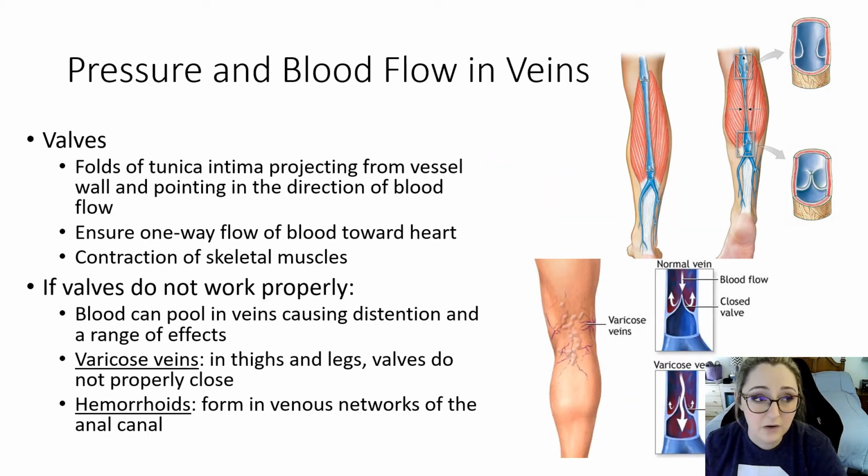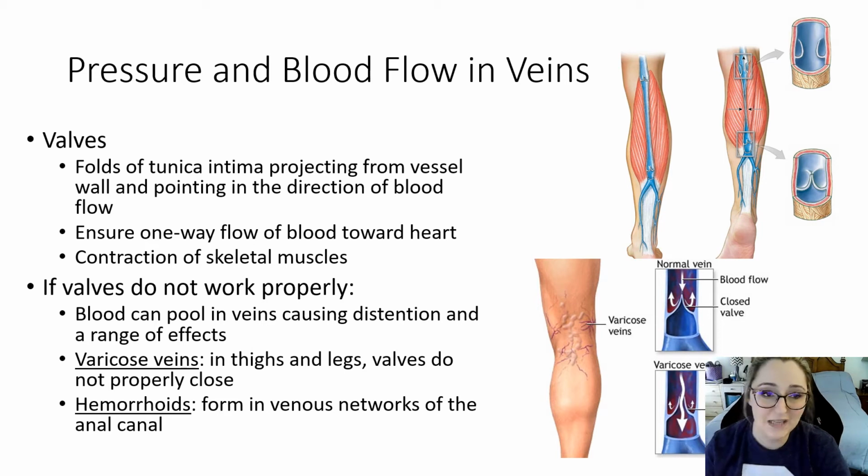So talking about pressure and blood flow in the veins, because remember what we were talking about before was the arteries and arterioles. When it comes to your veins, veins contain valves. These valves are folds in the inner lining of the veins. That is called the tunica intima, but you don't need to know that. Just make a little mental note.